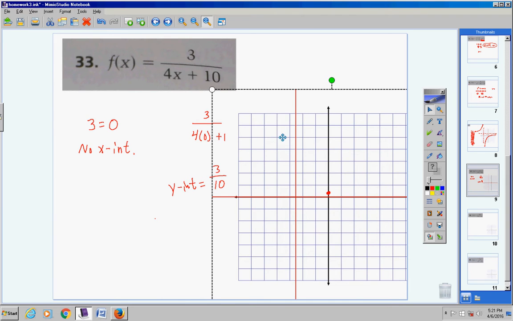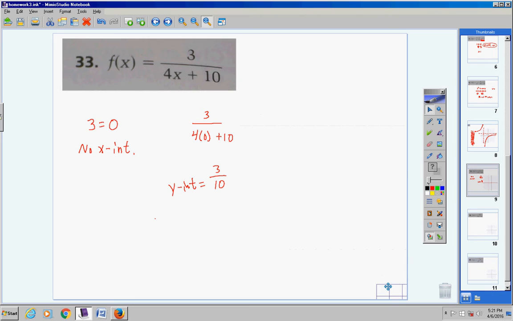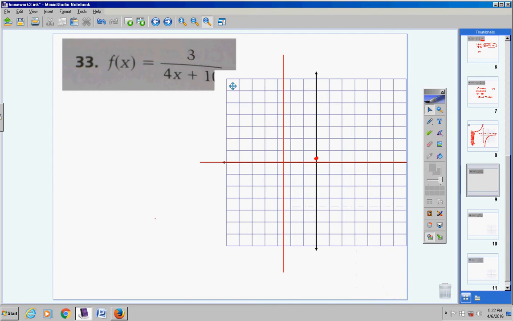We have our asymptotes put on the graph, and we have our x and y intercepts put on the graph. So now we're ready for our table of values. We have a vertical asymptote at negative 2.5, so I'm going to go about 4 numbers to the right of that, and 4 numbers to the left.